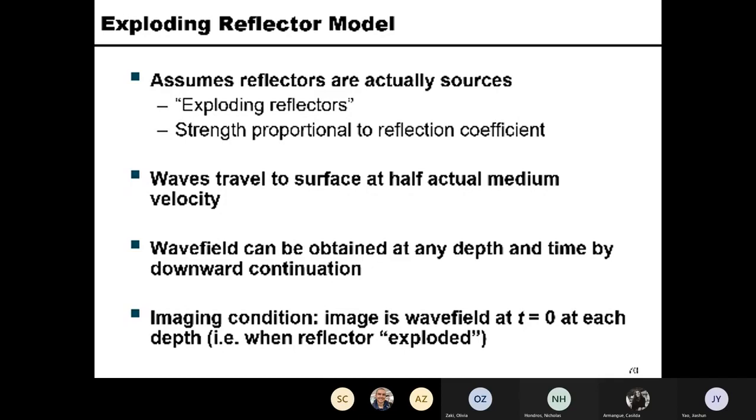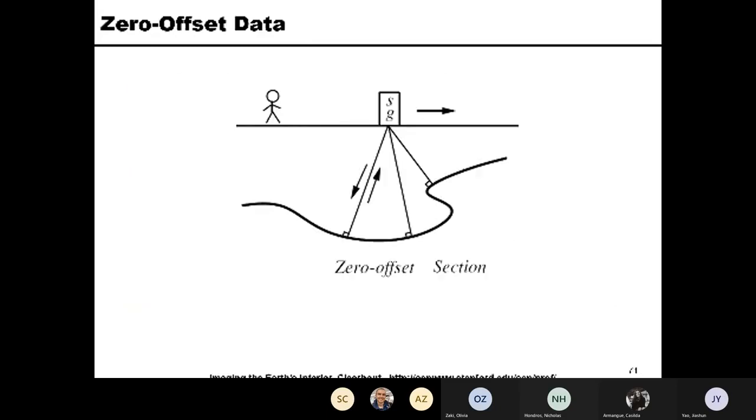Mathematically, after Fourier transform, t equals 0 is the DC component, right? That's the mathematical term. But for the physics term, for migration, t equals 0 actually means the exploding point along your reflector.